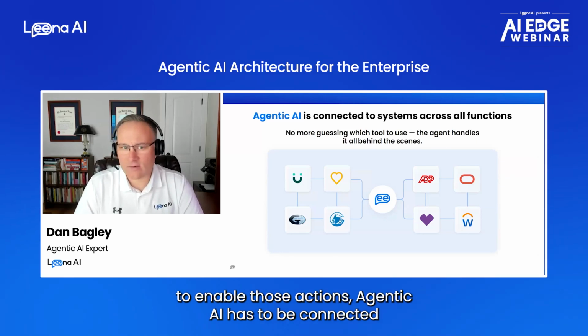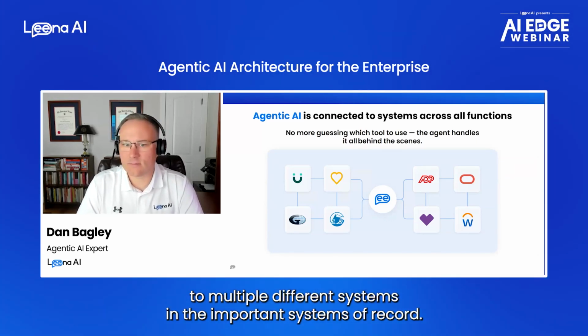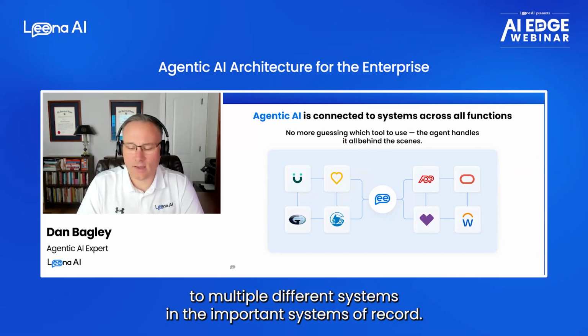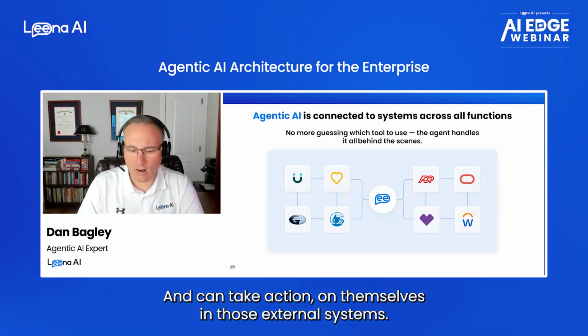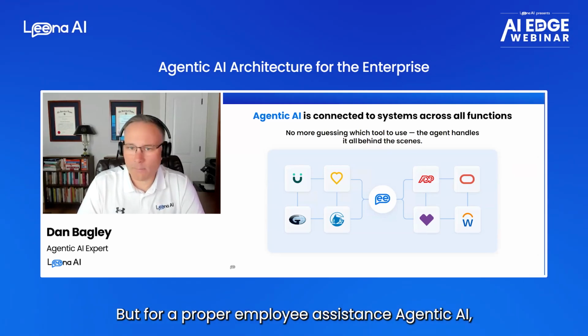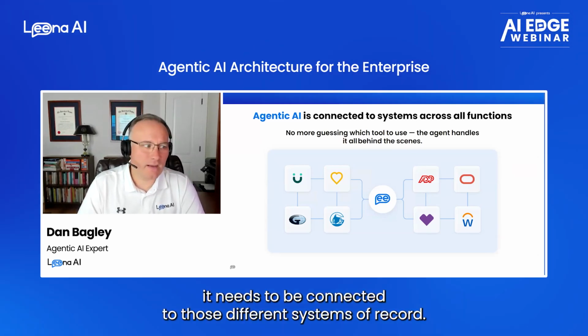In order to enable those actions, Agentic AI has to be connected to multiple different systems, and the important systems of record. I think as you look at employees, there's an ever-increasing number of systems that employees have access to and can take action on themselves in those external systems. But for a proper employee assistance Agentic AI, it needs to be connected to those different systems of record.